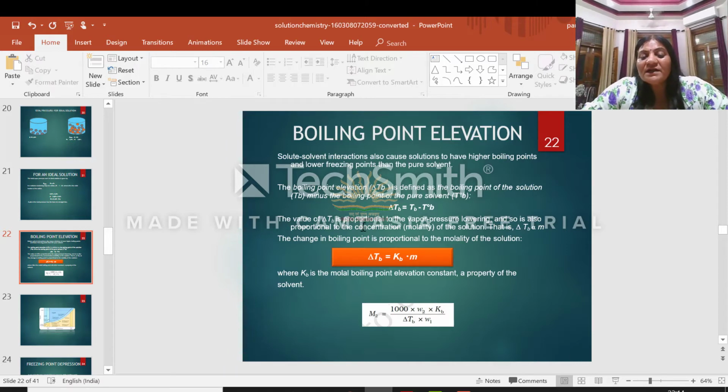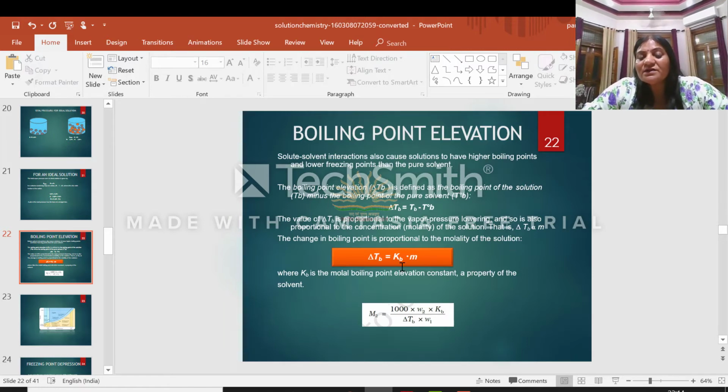The value of delta Tb is proportional to the vapor pressure lowering, and so it is also proportional to the concentration, the molality of the solution. That is, delta Tb is directly proportional to small m. The change in the boiling point is proportional to the molality of the solution.